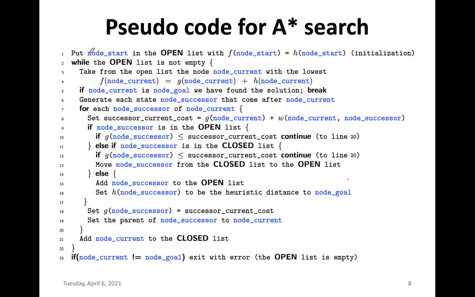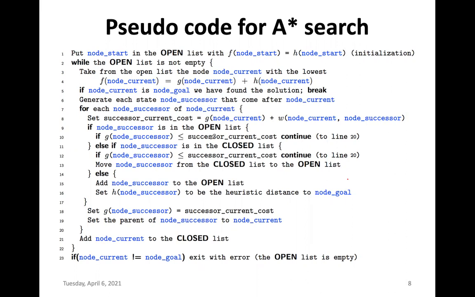The first statement says to put the start node in the open list. Our starting node is Arad, and our destination node is Bucharest.